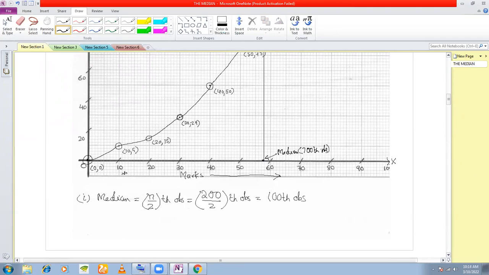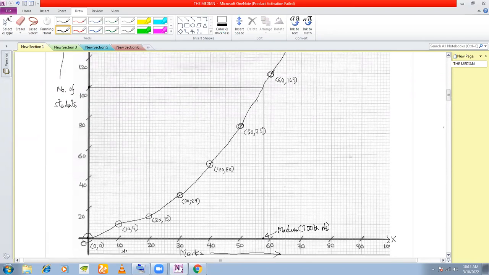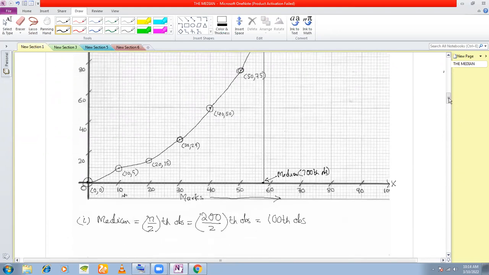Why 100th observation? Because the x-axis reading we are taking corresponds to this point 100. And what is the 100th observation in this case? How many divisions here? If you see, you have 58 divisions here, right? 58 divisions, isn't it? So above 50, what is the scale that we have taken? We have taken one division equal to 1 unit on the x-axis.